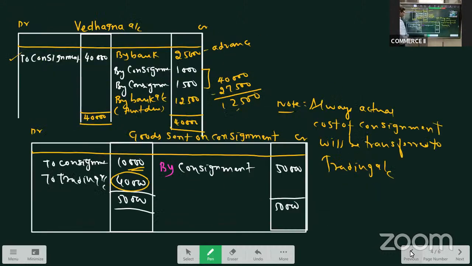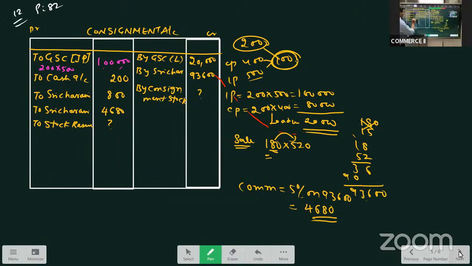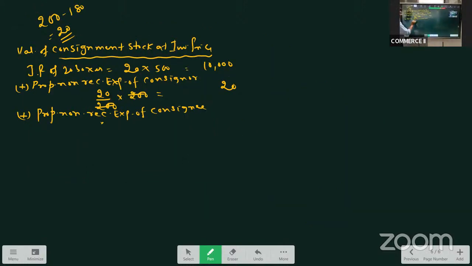Freight paid by Sri Charni is 800 rupees, so I'll take 800 rupees proportionately. Again, 20 by 200 into 800. That is 80 rupees. So what is the total?